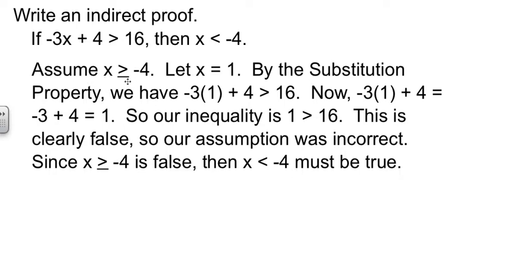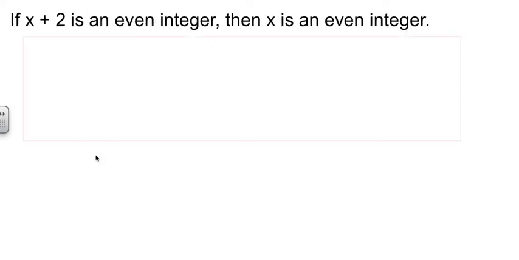We assumed something up here, worked with it, found out that it doesn't work, and then we say, well, then this couldn't have been right. So that leaves one other choice. It's basically the idea of eliminating choices. The process of elimination, that's the word I'm looking for.